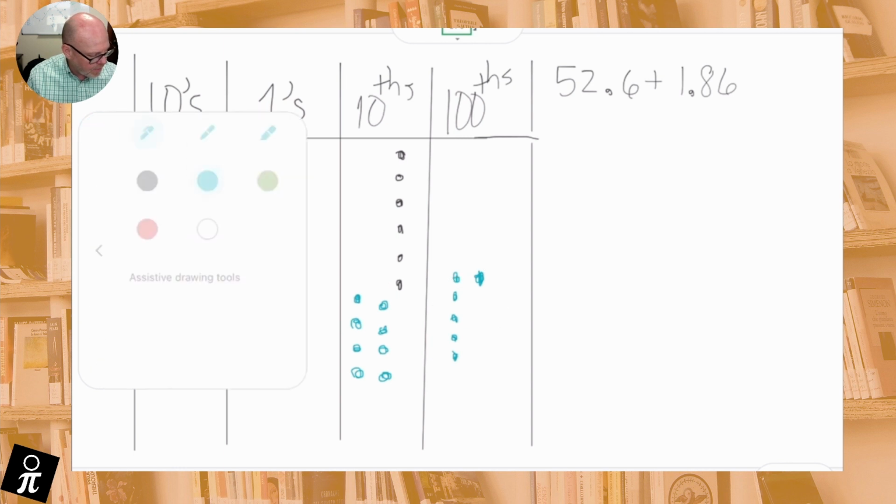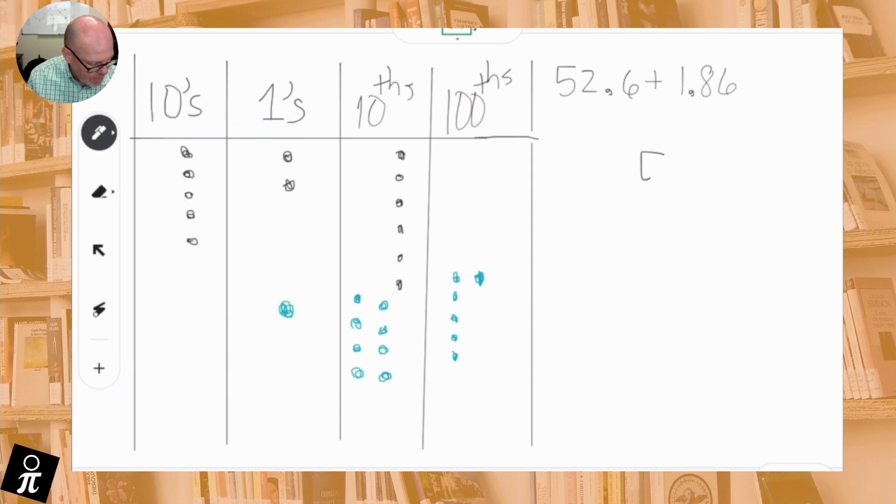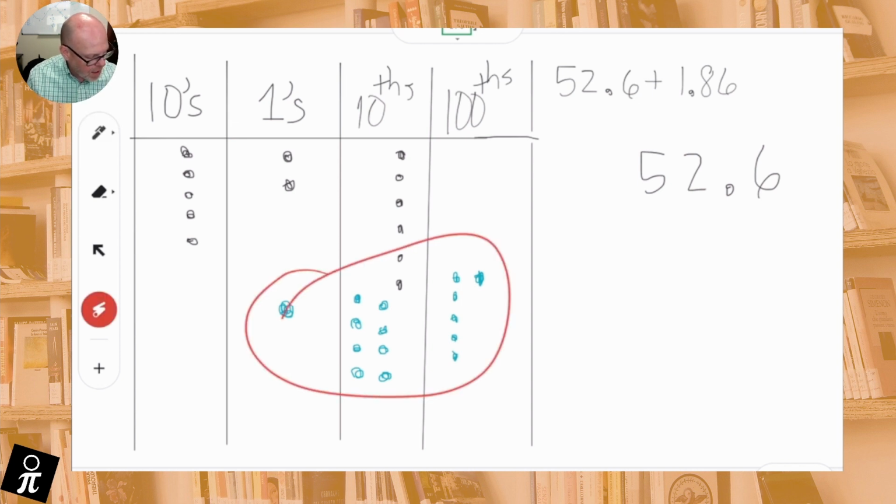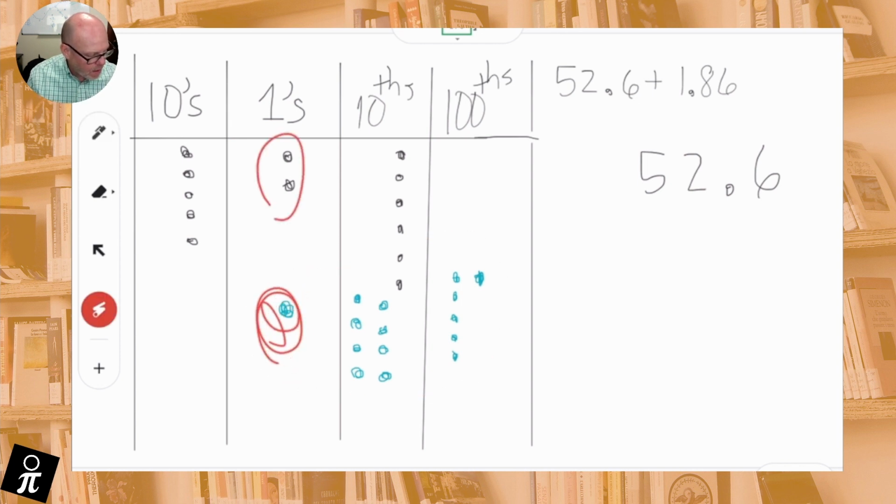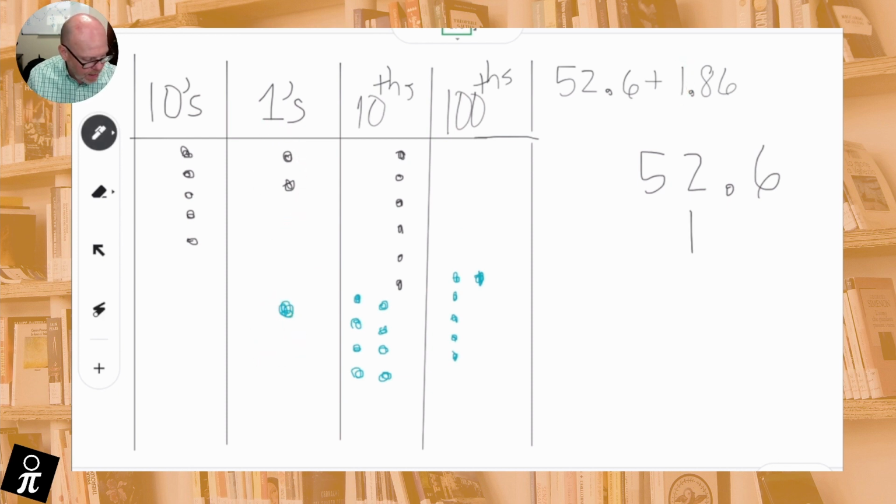Now let's do the algorithm at the same time. So 52.6, and then how did we model our dots? Well, this 1 is in the ones column with the 2. So that 1 has to go directly underneath the 2 because they're in the same column. So this 8 is going to go with this 6.